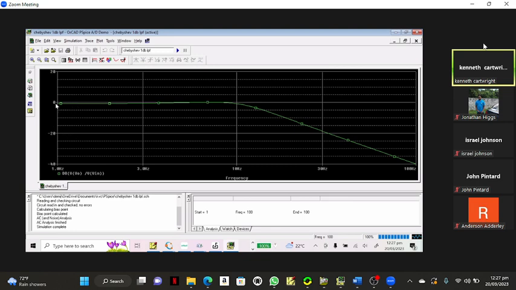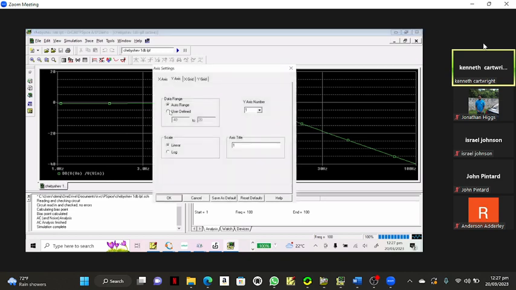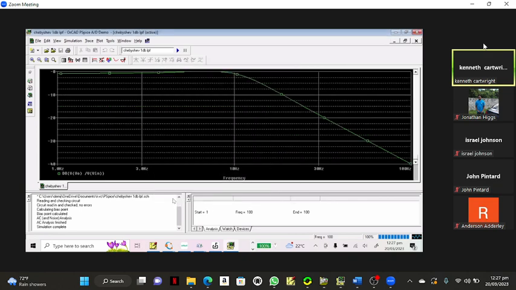I'm going to go up to 1 dB. Now, you can't see the pass band too well.